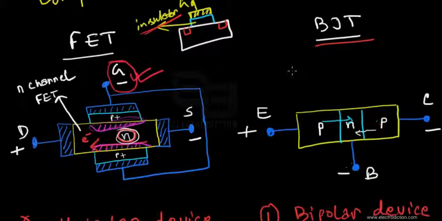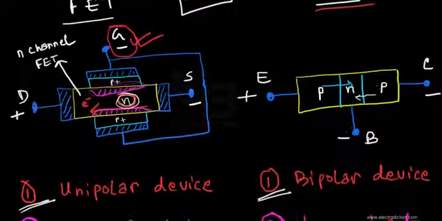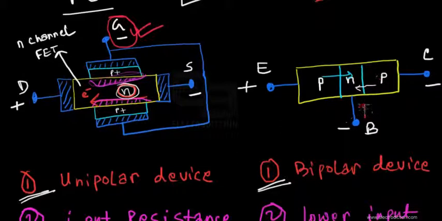But in the case of the BJTs, the amount of base current, referred to as IB, controls the amount of current outputted by the device. So the base current basically controls the output current of the BJT.